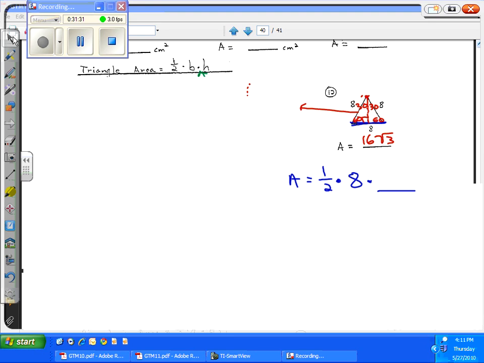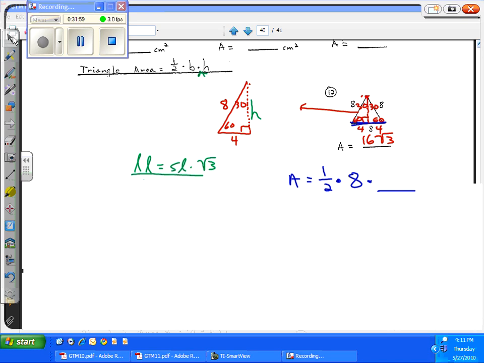So if we extract one of those, this is 90, this is 60, this is 30, this is 8. The base got bisected, so this is 4 and 4. In a 30, 60, 90 triangle, long leg equals short leg times the square root of 3.